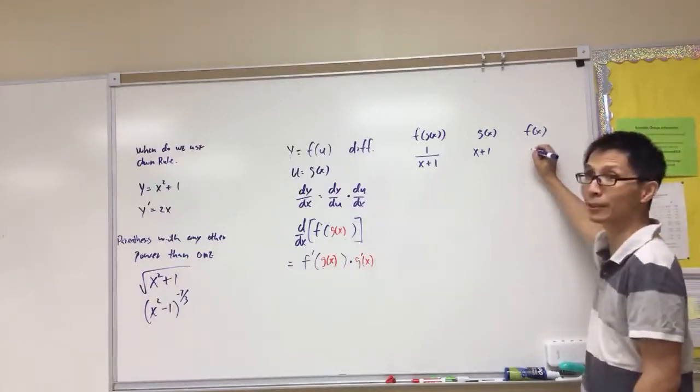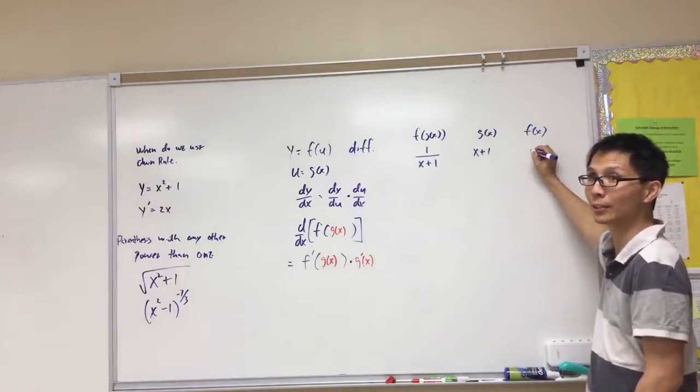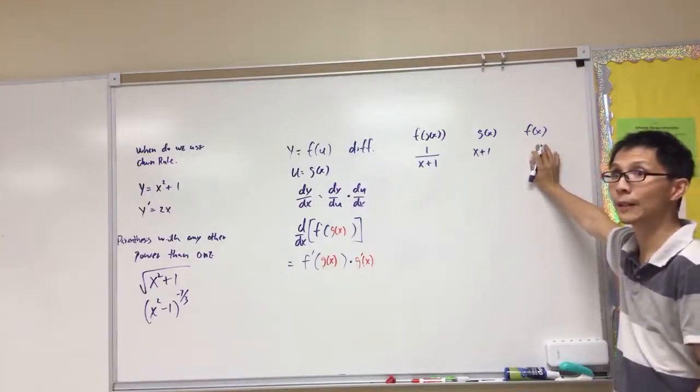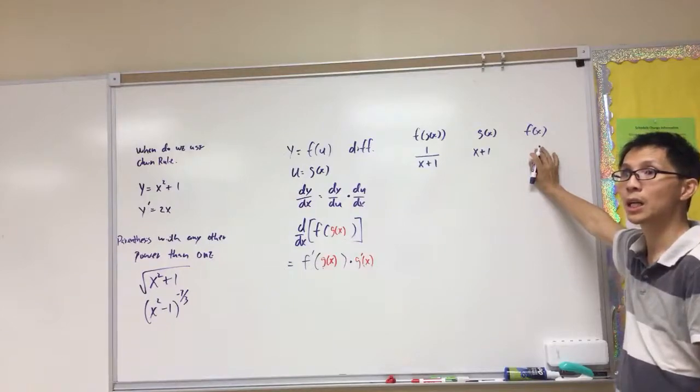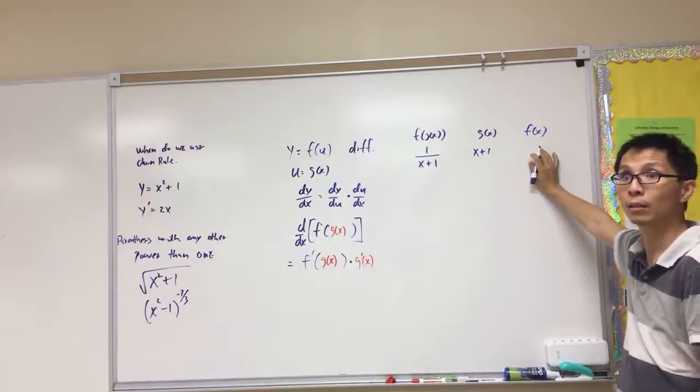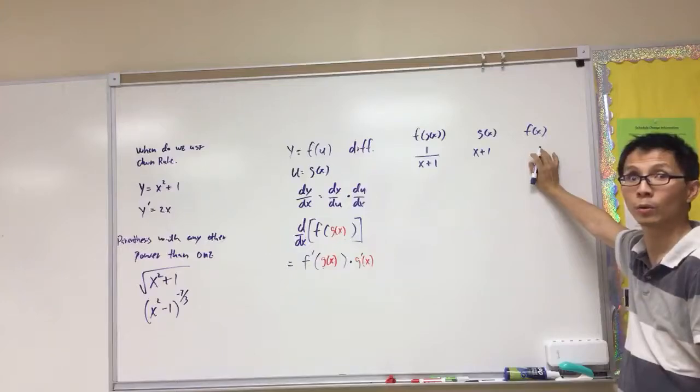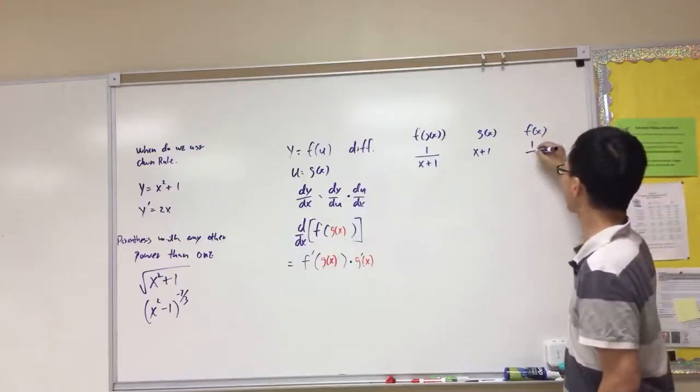Did I pronounce your name right? Okay, so what will f of x be here? 1? No, that's not 1. 1 over what? Maya? 1 over x. Good, 1 over x.